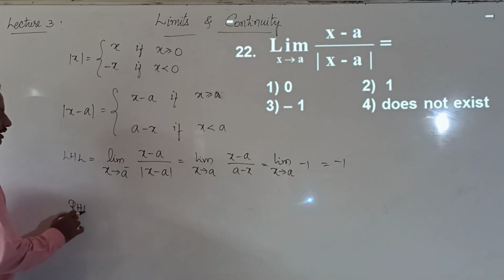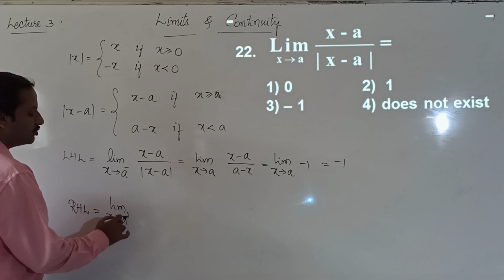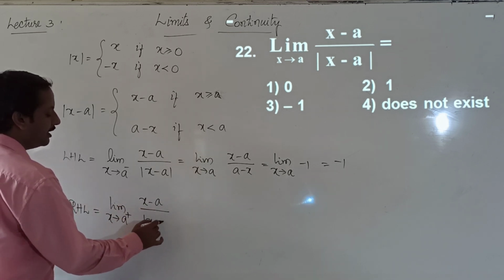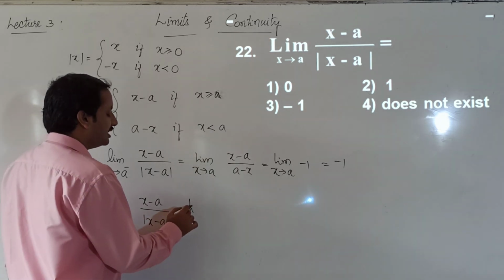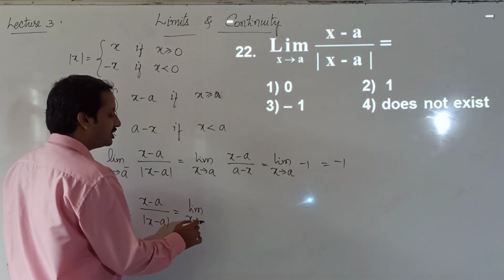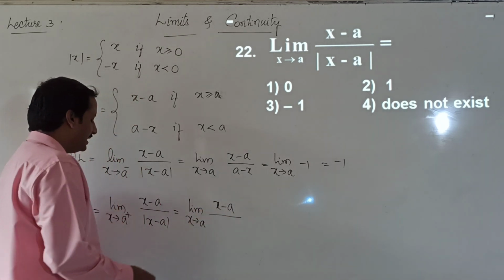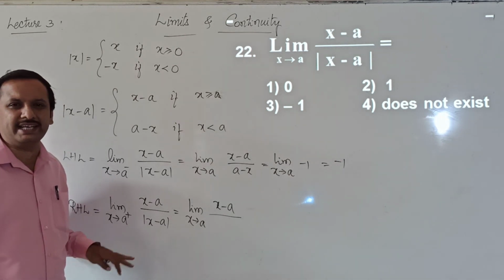Now let me find out the right hand limit. That's equal to limit x tends to a plus f of x. F of x is x minus a divided by modulus of x minus a. That's equal to limit x tends to a, x minus a divided by mod of x minus a. X is approaching a from the right side. X approaching a from the right side means x is greater than a.